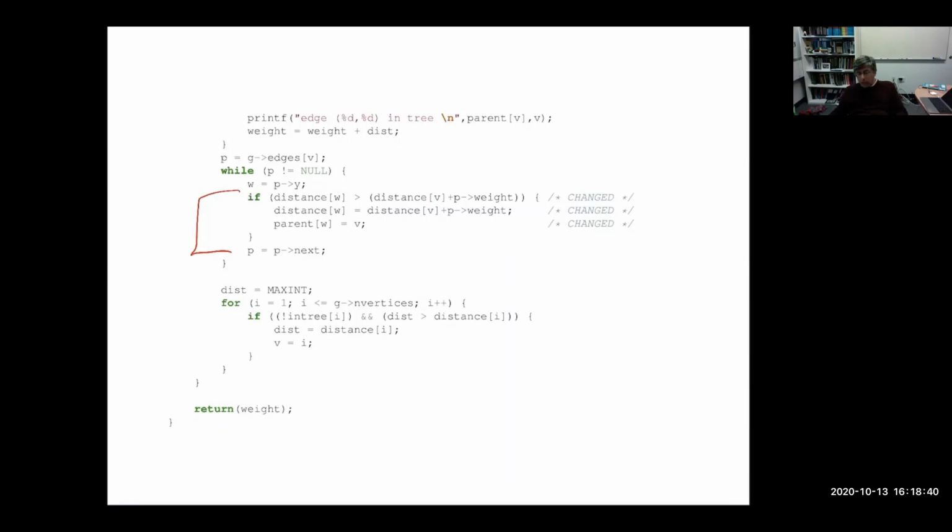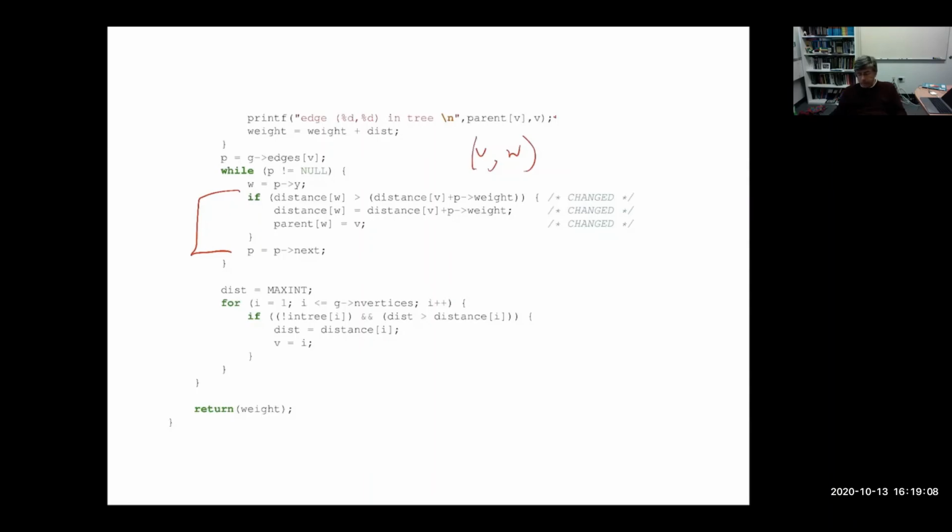A newly discovered edge is interesting. Let's say I have an edge that goes from V to W. Under what condition is this interesting?